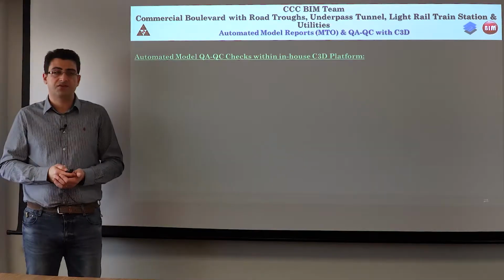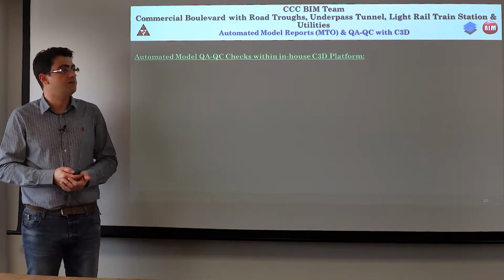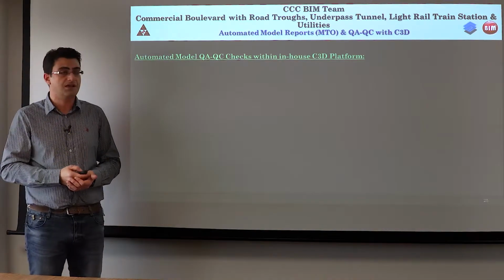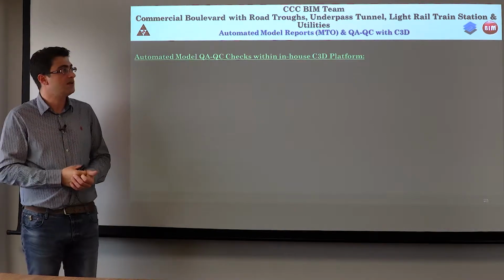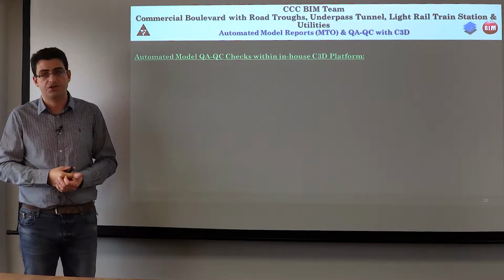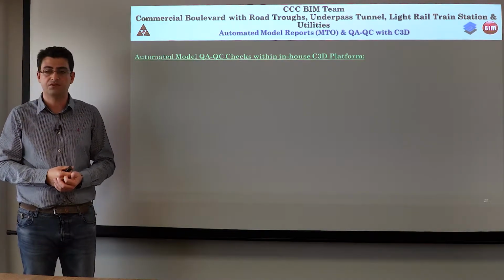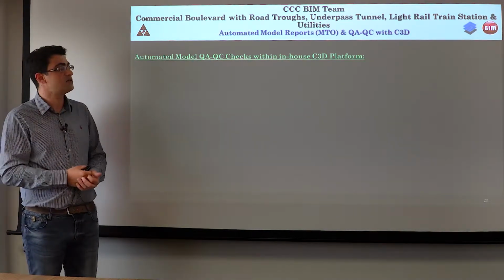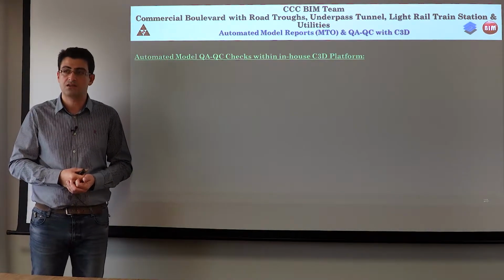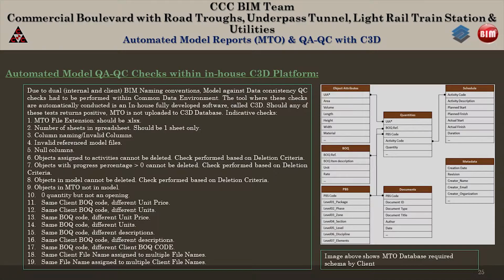We utilize the platform that has been developed again in-house, and it's for many years a leading platform in the space of automation and project controls, quantity monitoring, QA/QC checks. It's called C3D, and it's a novelty created by Consolidated Contractors Company, which did what? It did a number of operations at the same time.